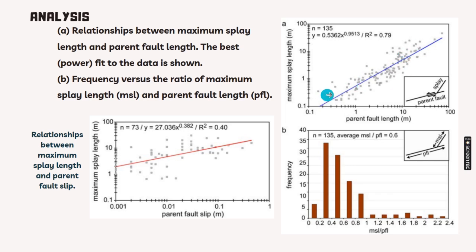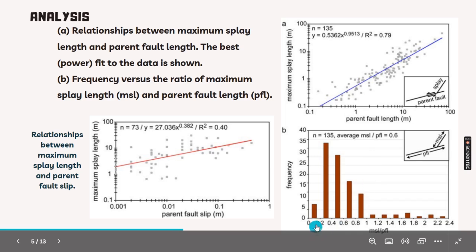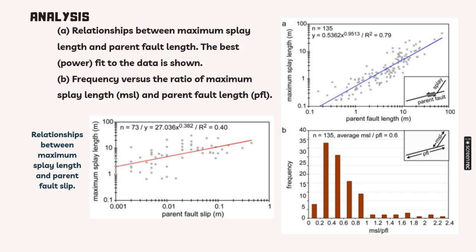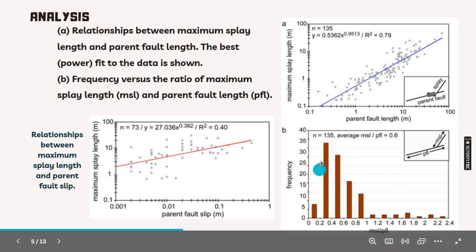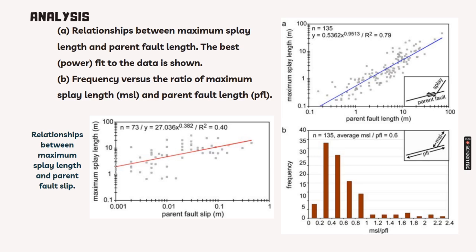You'll see there is a relationship. Easily you can understand. With a histogram also you can see this frequency versus this ratio: maximum length of splay versus primary fault. Thus the length ratio, when it is 0.3, it is found maximum. 0.3 means if splay length is 3 meters, fault length will be 10 meters.